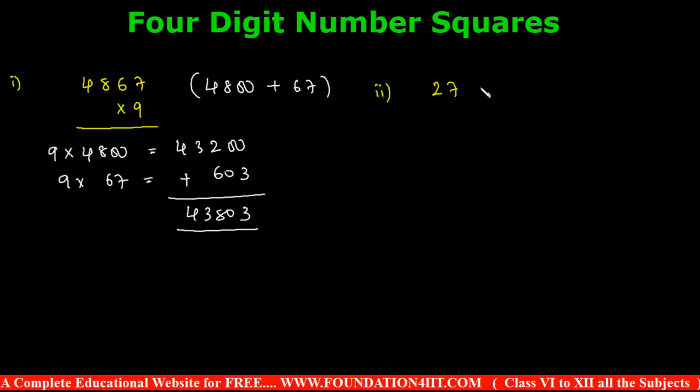For example, 2781 multiplied by 4. What technique will we follow? 27 plus 81, so 2700 plus 81.